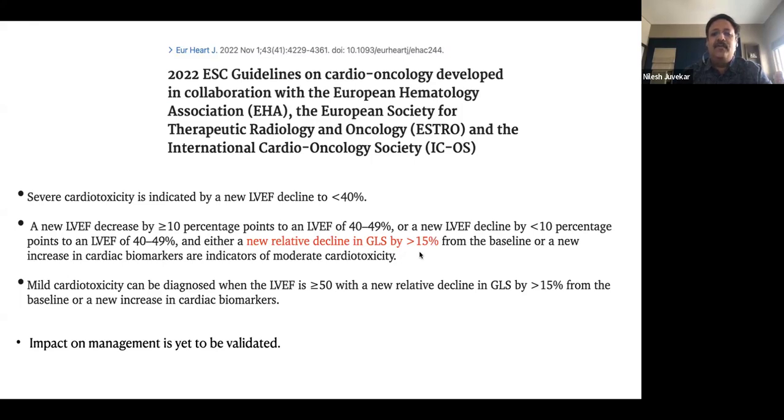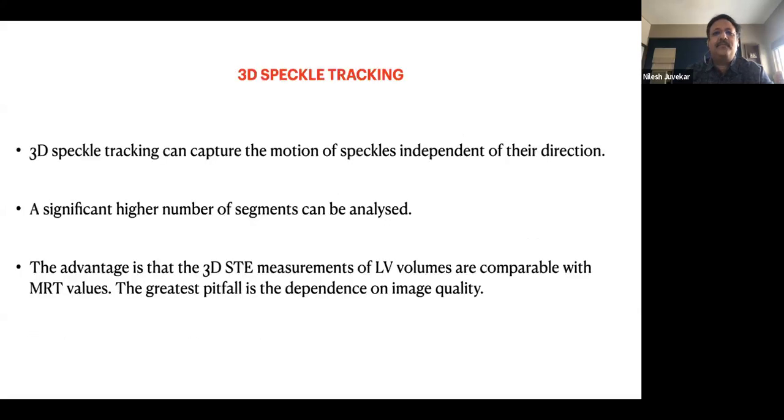However, even though this has been added, the impact on management is yet to be validated. Even in our hospital, for all oncology patients who are on chemotherapy, they have to undergo serial echocardiographic assessment, in which we mention the GLS values from time to time. Now coming to 3D speckle tracking.